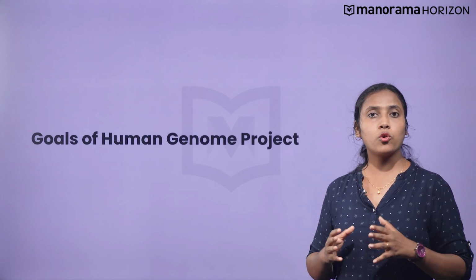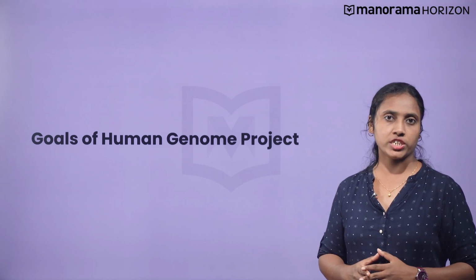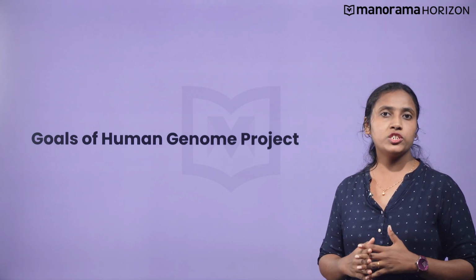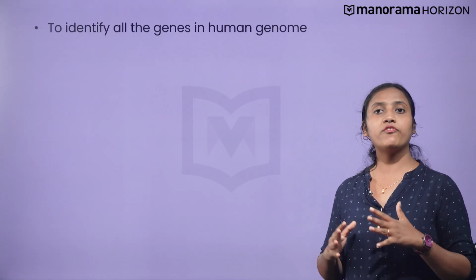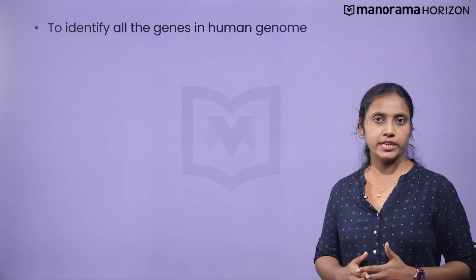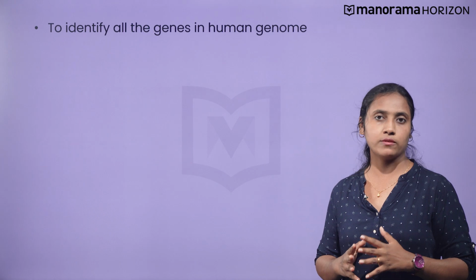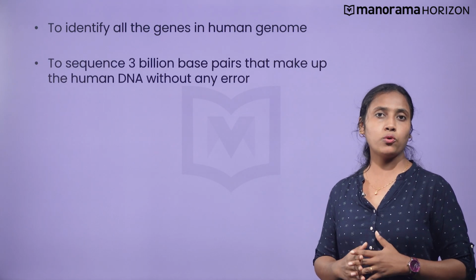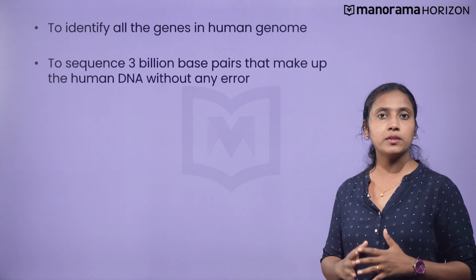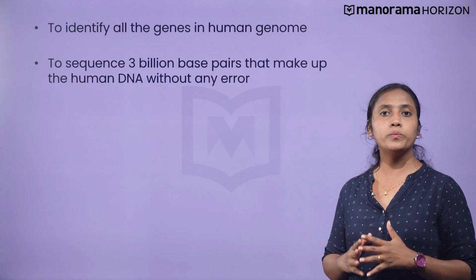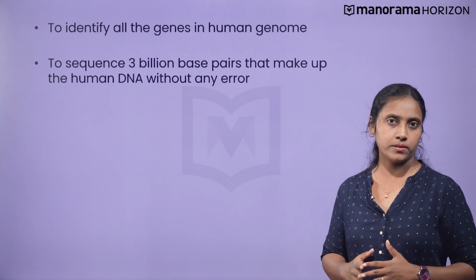Let's now see the goals of Human Genome Project. The important goals were identifying all the genes in human DNA. A human DNA approximately has 20,000 to 25,000 genes. The next goal was to sequence the 3 billion base pairs that make up the human DNA without any error.